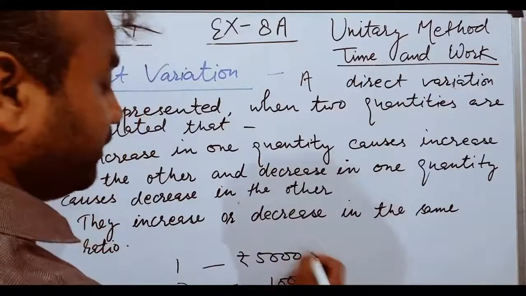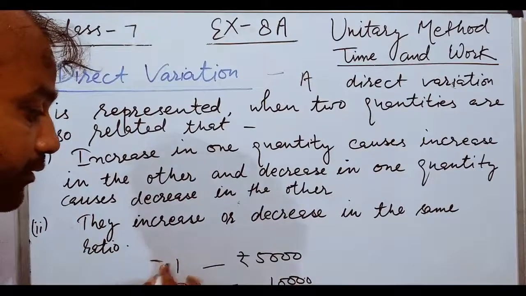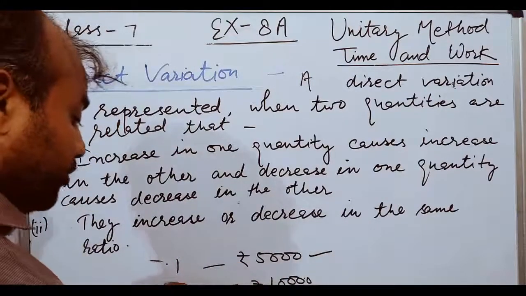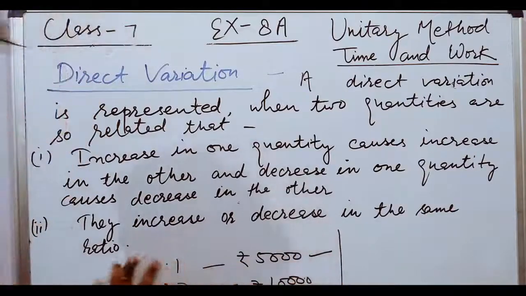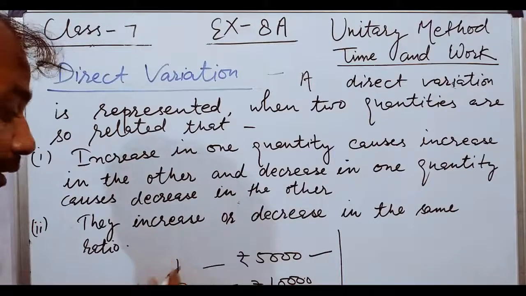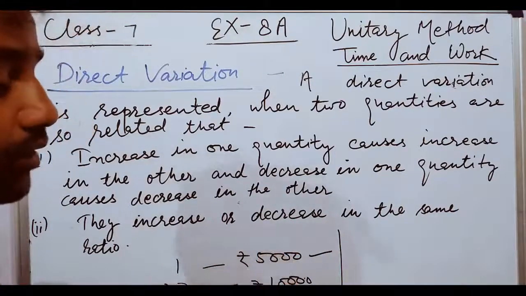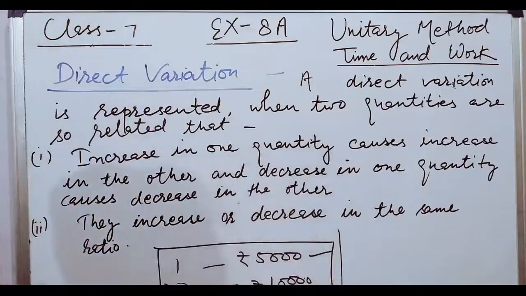Means we did double here. One man 5,000 salary and salary of two men 10,000. We just double. Man 1 we did double and salary 5,000 we did double. Okay, so this is direct variation.